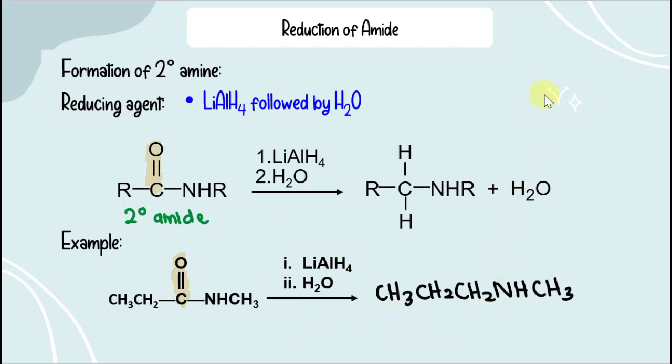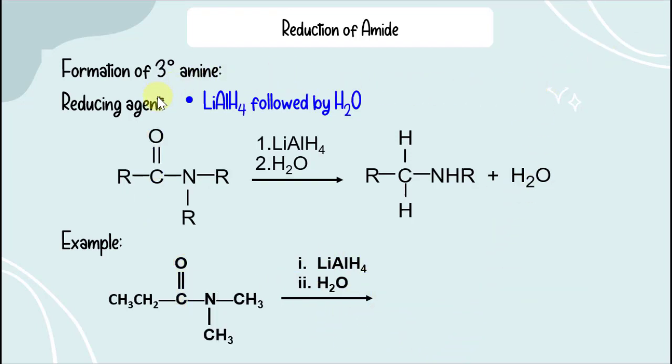followed by water. To form a tertiary amine by reduction of amide, our amide must be a tertiary amide. So when we react it with lithium aluminum hydride followed by water, the C double bond O from our tertiary amide will be reduced into CH2. Same thing, the C double bond here will be reduced into CH2.